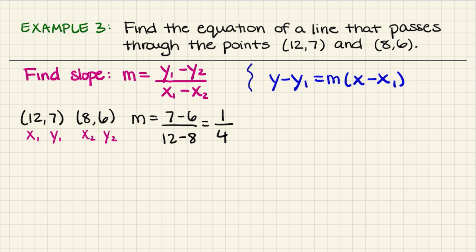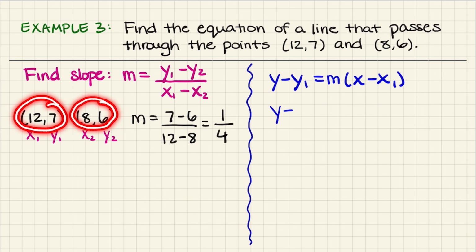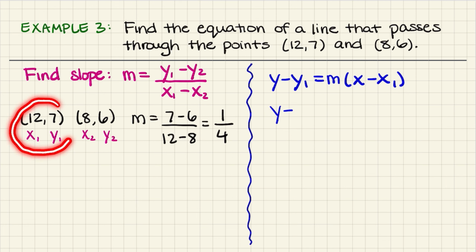Let's draw a little dividing line here. All right, so let's plug in our information. Y minus y1. Notice we have 2 points, and you can plug in either of these points into our equation up here. I'm going to pick this one since we already labeled it x1 and y1.